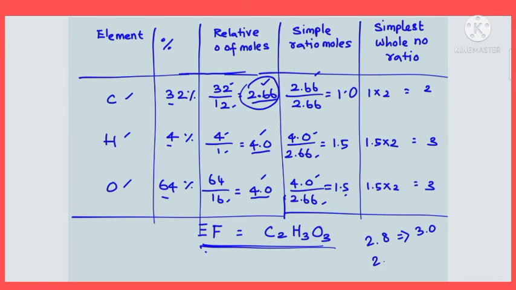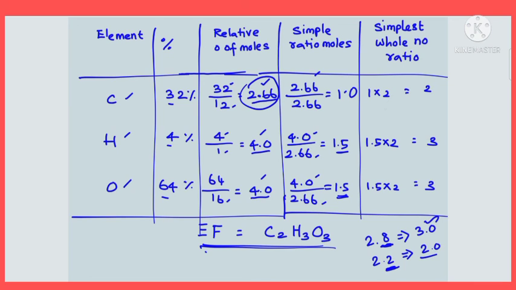If you are getting 2.2, which is less than 0.5, you take the previous whole number, 2.0. So by considering 0.5 above and 0.5 below, you take either the next whole number or the previous whole number. But here you are getting exactly 0.5. Then whether to make it the next whole number or the previous one?